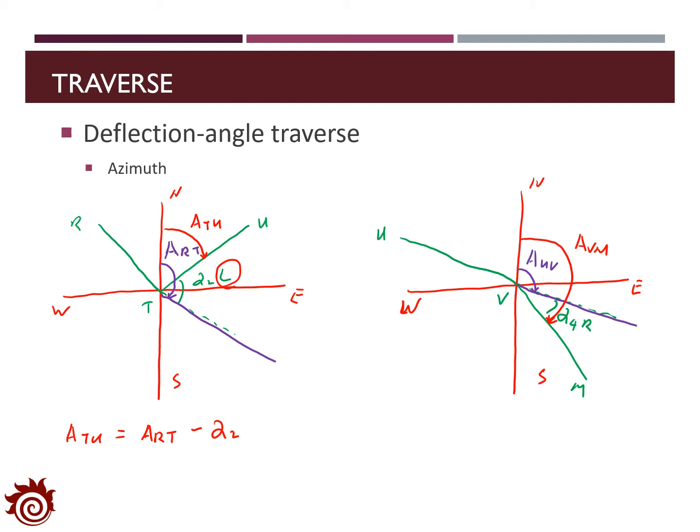With this, we can find that AVM equals AUV plus alpha 4. So we apply the positive sign for the angle to the right.